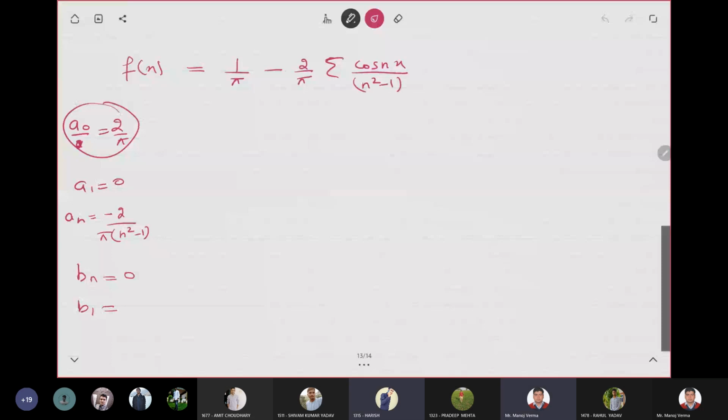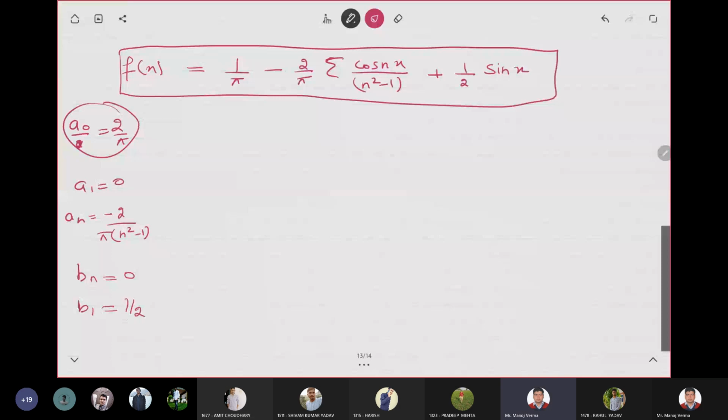So this will be my series expansion for this function. If I insert the values of a0, a1, an, and bn, b1, then this will be my series expansion. If I rewrite it, it will be 1 over pi plus 1 by 2 sine x minus 2 over pi times cos 2x upon 2 square minus 1, plus cos 3x upon 3 square minus 1, and so on. This will not be applicable for n is equal to 1. It will start from n is equal to 2, because a1 was 0, which we calculated manually.